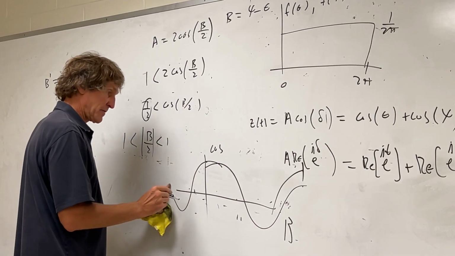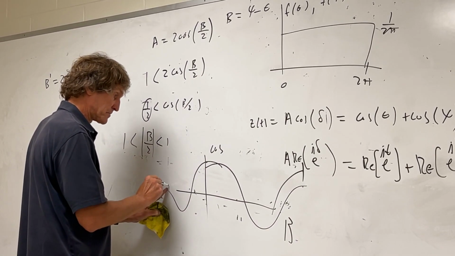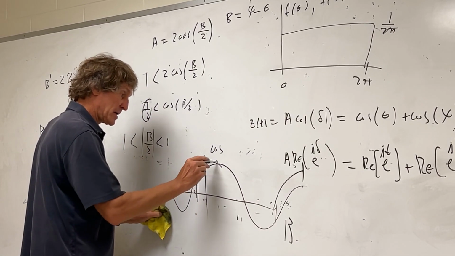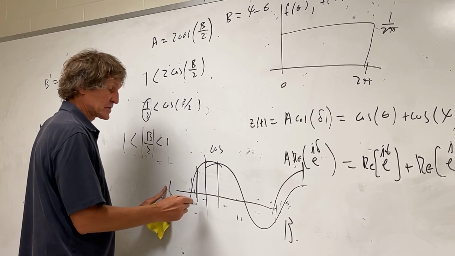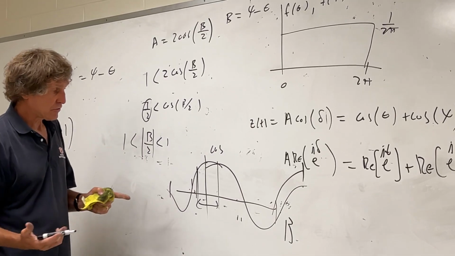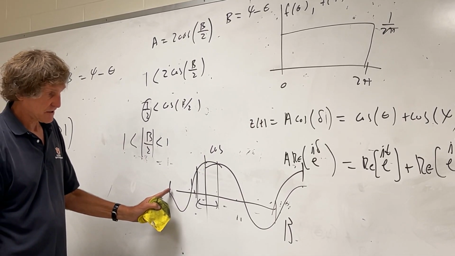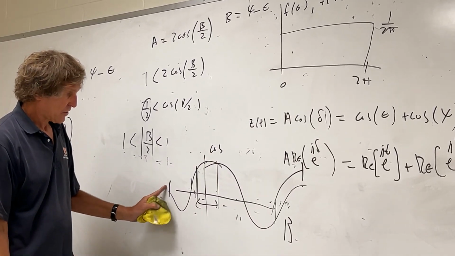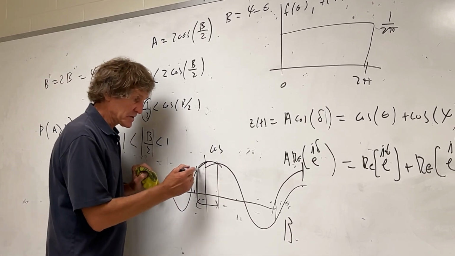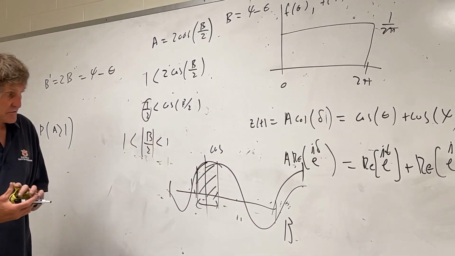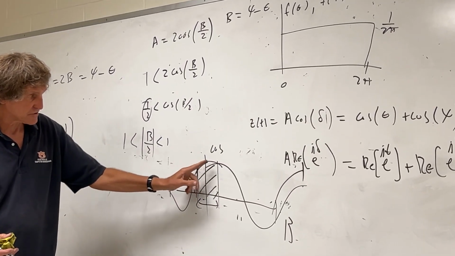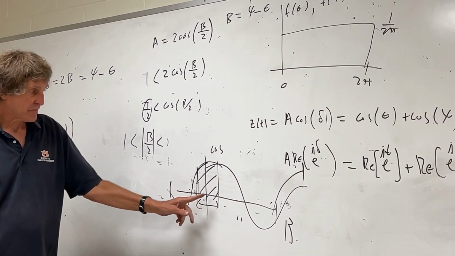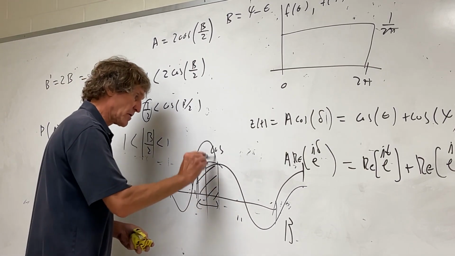If we went from, say, minus pi to pi, we could say that now the probability of, if I look at this, beta, the value of cosine greater than 1/2, if we limit our values of the function, instead of going from 0 to 2 pi, go from minus pi to pi, right in here is going to be the actual values over this span where the actual cosine value is greater than 1/2. Because at minus 60 degrees, it's going to be 1/2. At positive 60 degrees, it's 1/2. This is not drawn very well, but you get basically that.